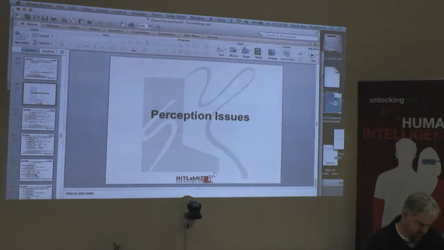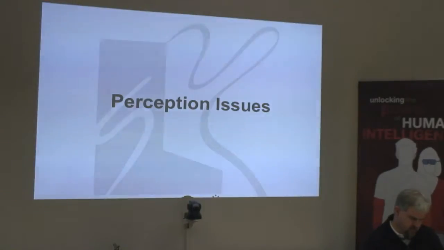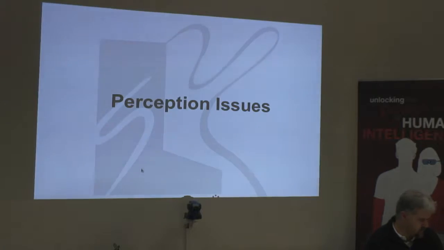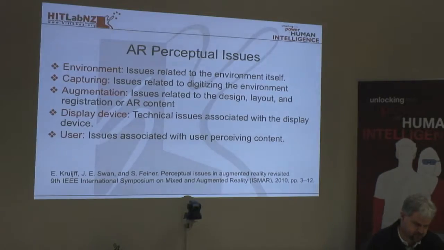Okay, so I want to talk a little bit about some perceptual issues. If you're building a glass experience, then of course you are showing information over the field of view, over the person's eye, and so there are some perceptual issues there as well. There can be issues related to the environment itself, capturing the environment, augmentation, display devices, and also the user.